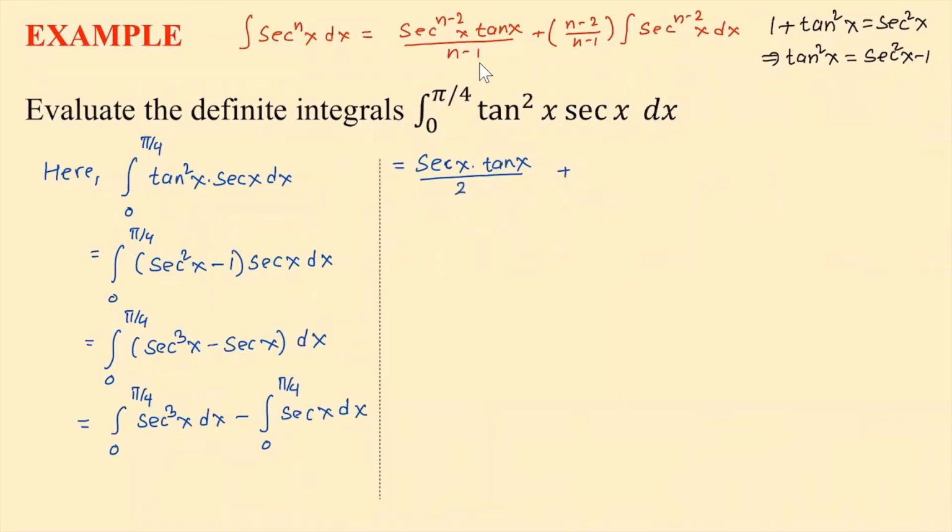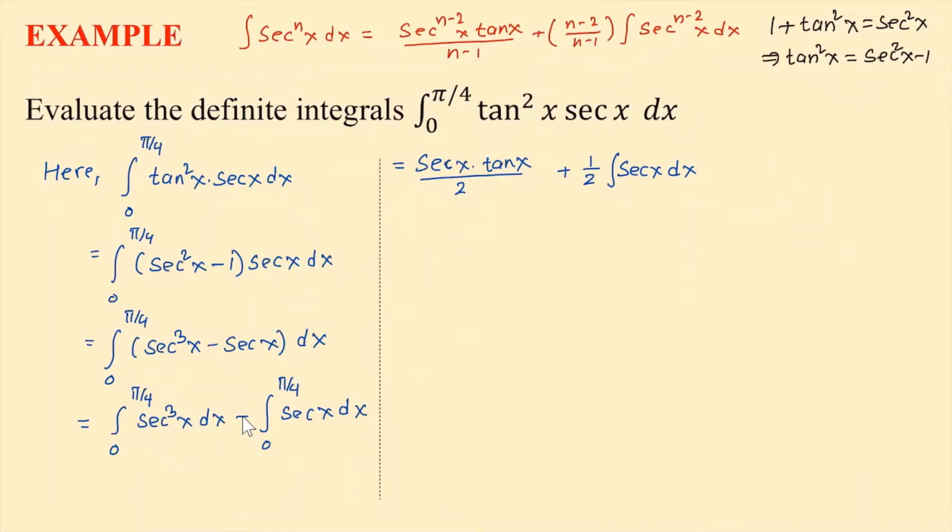Then plus n minus 2, 3 minus 2 is 1, over 3 minus 1 is 2. And we are integrating secant raised to n minus 2, 3 minus 2 is 1, so it will be secant x dx. So that is for this first one.